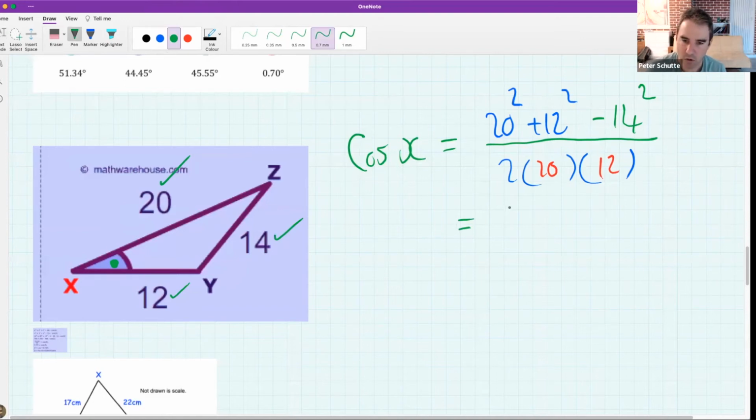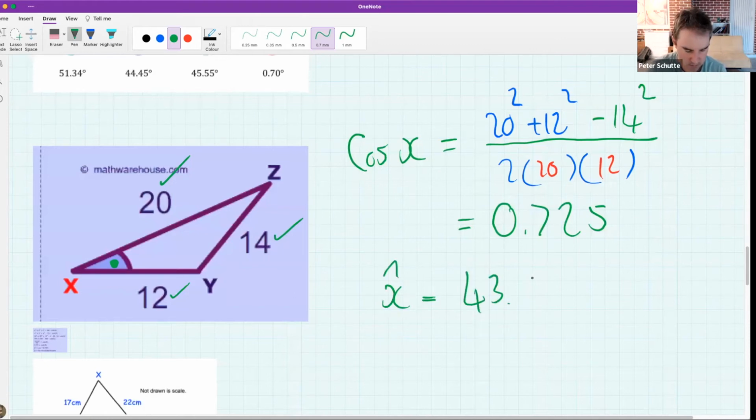And so I'm getting 0.2725, but then because I've hit the equals button on my calculator, I'm just going to go shift cos answer key, and I should be getting, for the angle X, 43.53 degrees, which would be this angle over here.